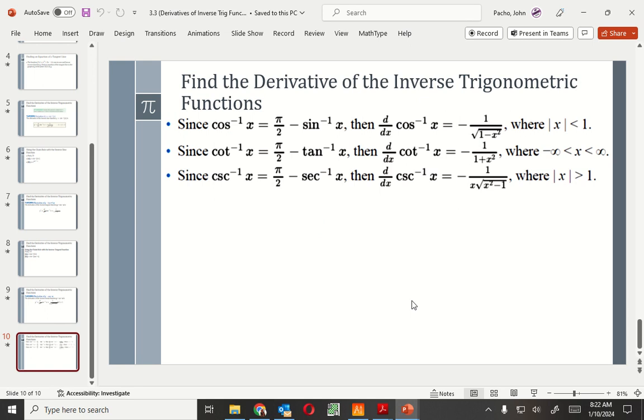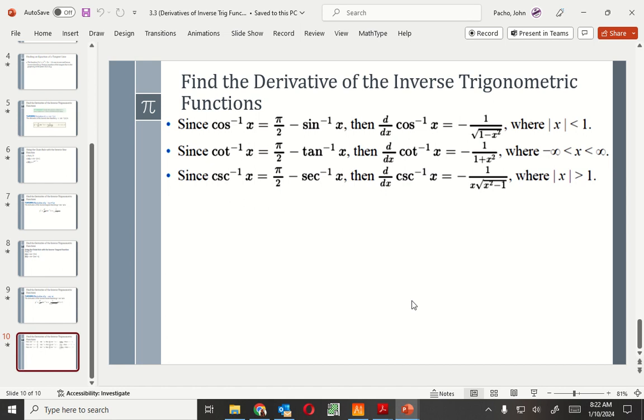Now here it is. This is important right here, and I really wanted to put this on here, even though it is on your notes, but I wanted it also on the video for certain people that are not here today. So here it is right here. So find the derivatives, inverse trig functions. So we have this value here, and then it goes through and actually gives you all these other ones that we did not give you at first, that we didn't do problems over.